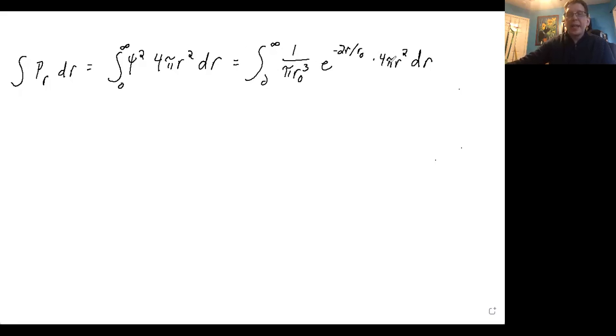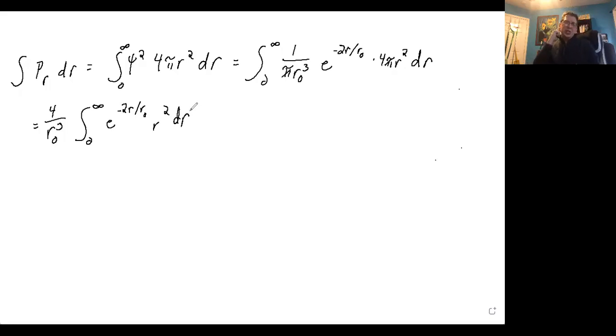So the pi terms cancel out. And so outside the integral, you have 4 over r naught cubed, and then within the integral still, you have e to the negative 2r over r naught times r squared dr. So anytime you have a fairly complicated function of r or any other variable, especially if one of the terms involves an exponential function, or in particular a negative exponential function, the first thing you want to try is integration by parts.